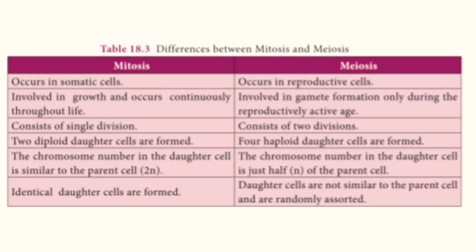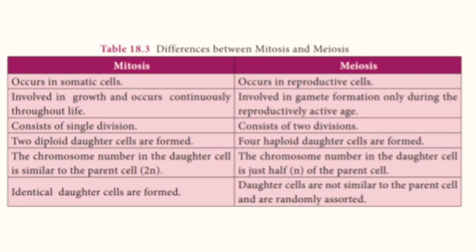But in meiosis, the chromosome number in the daughter cell is just half, that is n number of chromosomes, the haploid number of chromosomes in the parent cell. Then the last point: identical daughter cells are formed during mitosis, but in meiosis, daughter cells are not similar to the parent cell and are randomly assorted.